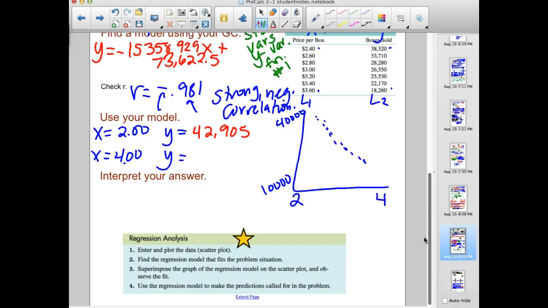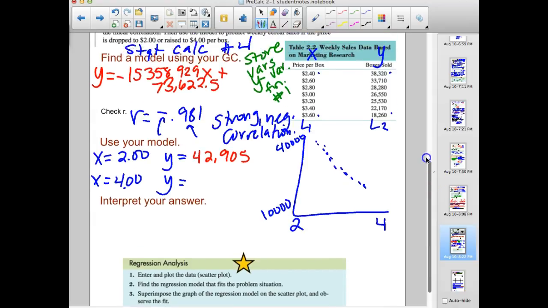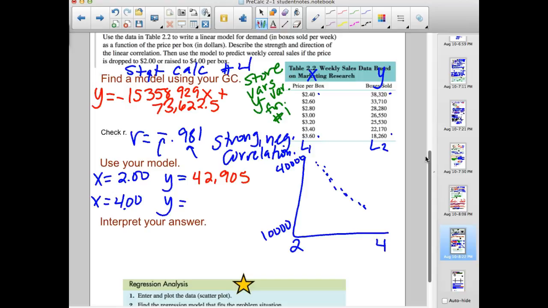I get 42,905. Agree? Now, we also could have put a 2 into our equation for our X value and calculated it that way. When the price is raised to $4, we can sell 12,187 boxes.